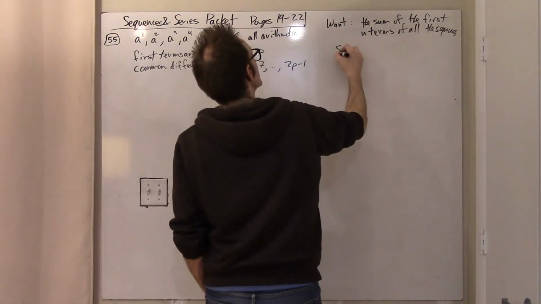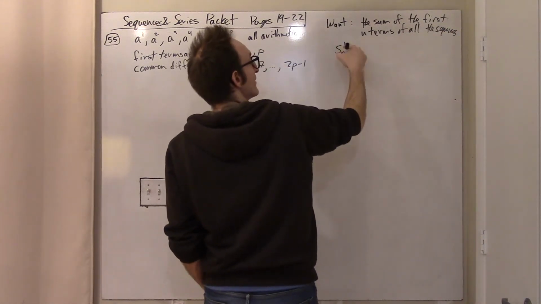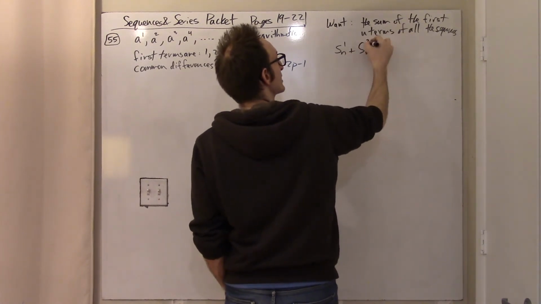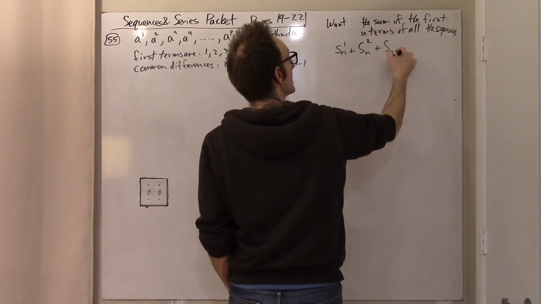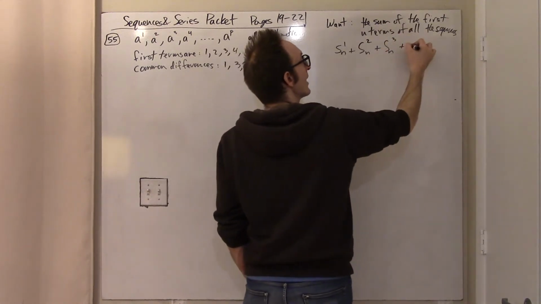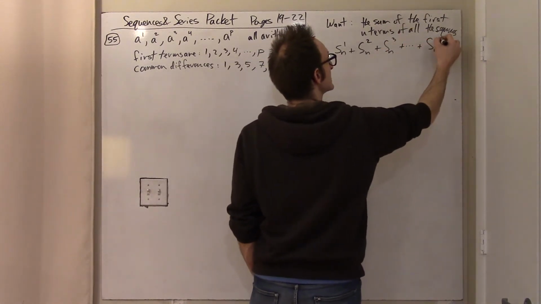So we want the sum of the first n terms of the first sequence plus the sum of the first n terms of the second sequence plus the sum of the first n terms of the third sequence all the way up to the pth sequence.